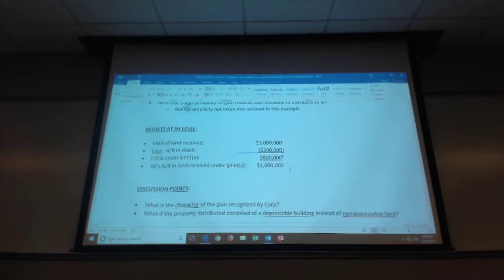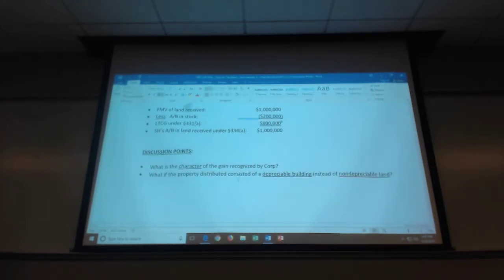Section 334A tells you that in this kind of a liquidation, the basis is fair market value. Just as in a non-liquidating distribution, where I forget which subsection of 301 tells us that the basis of the property received becomes its fair market value. Same thing here. But it makes sense intuitively also because it's a taxable event.